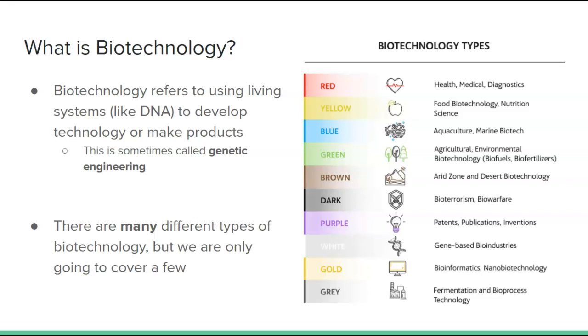So there's tons of different types of biotech. I kind of talked about that already. You can see on this image that these are broad categories of different types of biotechnology. You can go into the health field, food, aquaculture, which is dealing with oceans, deserts, agriculture.